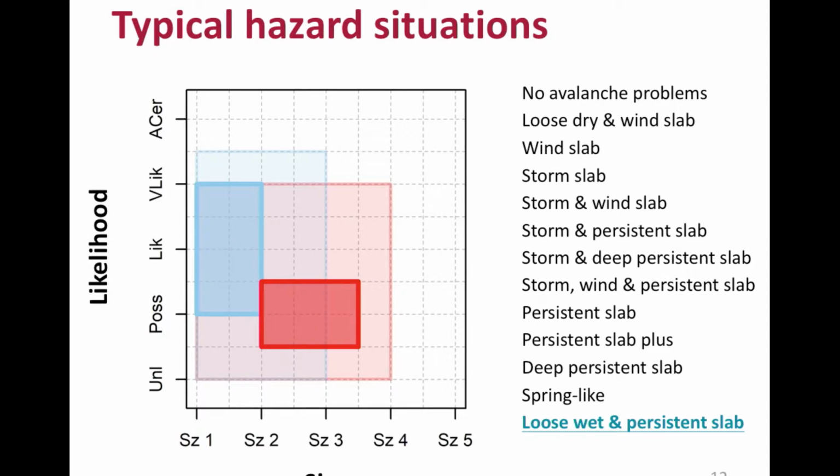The red here again is showing the persistent slab problem with a larger size, and the blue rectangle is a loose wet problem. So this could be a situation, say, you get warmer temperatures, or a Pineapple Express atmospheric river event. You're getting the loose wet problem on the surface and maybe waking up some of the deeper layers.